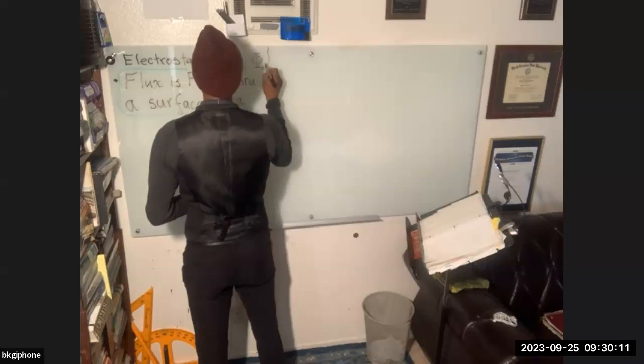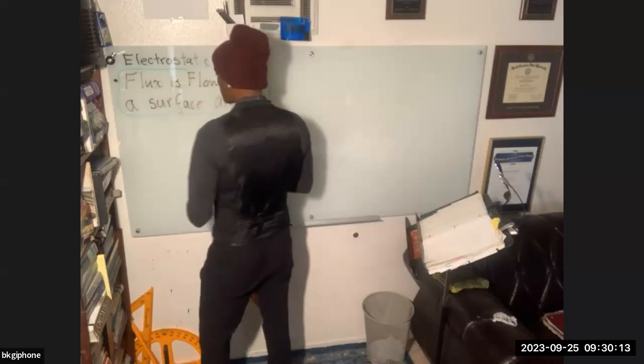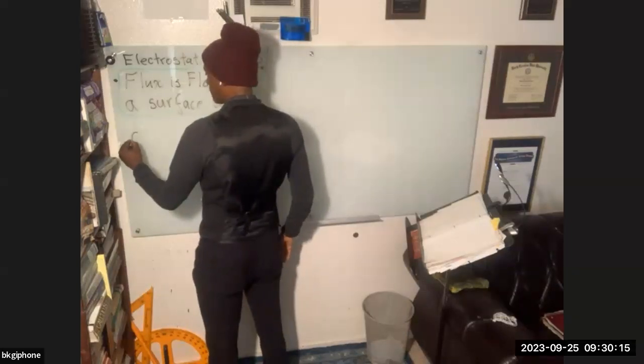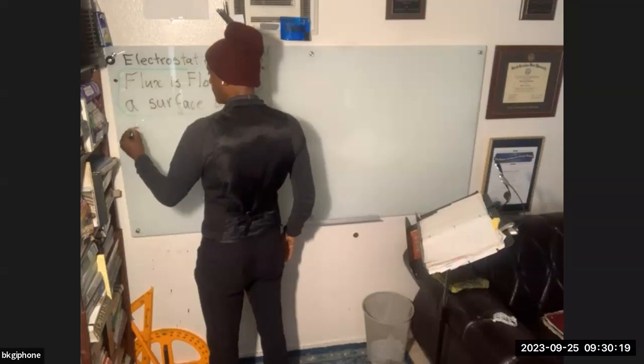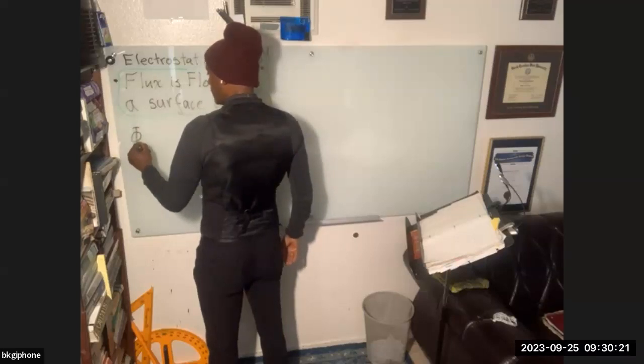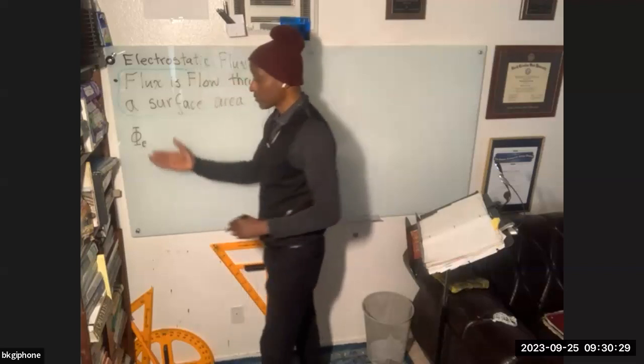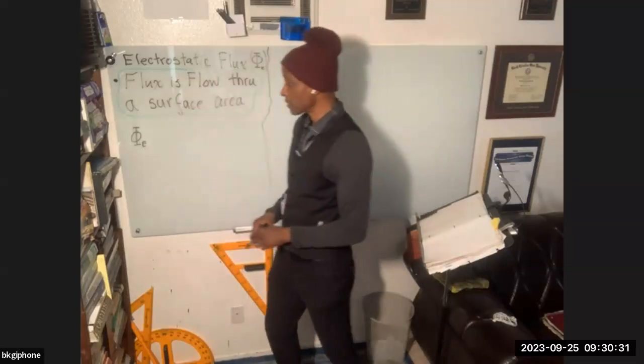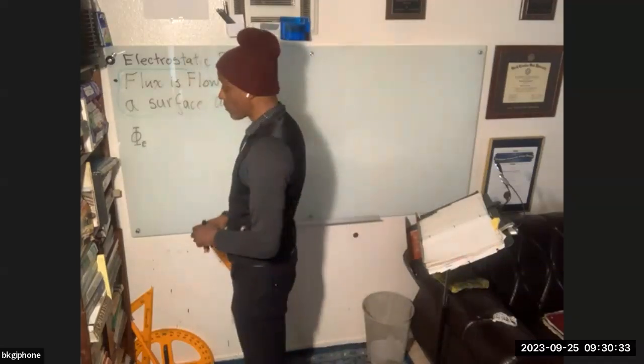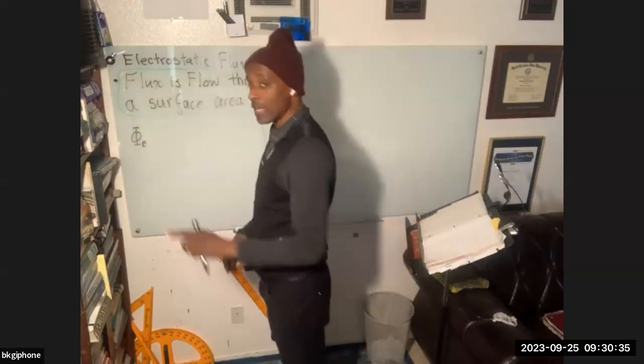Maybe usually a small e or something like that. So that's the symbol for flux. Lowercase or uppercase e, I guess, doesn't matter. I'll put an uppercase E. We'll have something similar for magnetic. So this is electrostatic flux. There's also magnetic flux. It's not a vector, it's a scalar quantity, which leads to the definition.